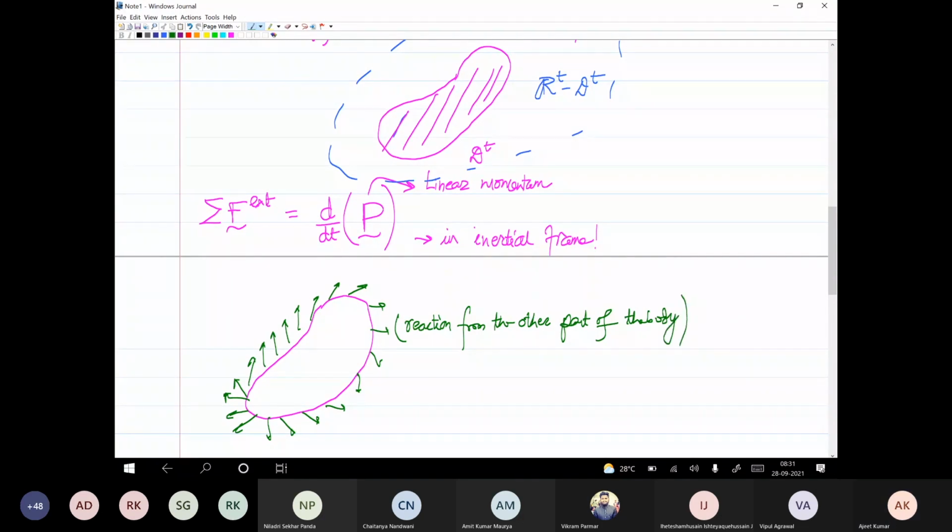And this, of course, is an internal reaction for the entire body, but it is an external reaction for this part of the body. And you see that it can only act when there is a direct contact, and therefore it is acting on the surface of this dt. So it is acting throughout the surface of dt.